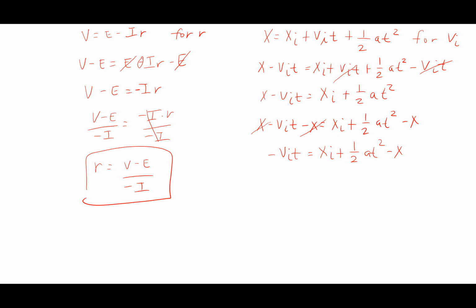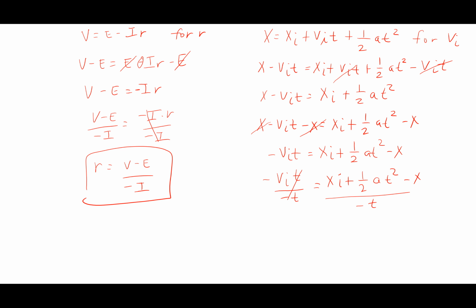Now we're going to divide both sides by negative t. So that's going to be negative t times VIT divided by minus t equals XI plus 1/2 AT squared minus x, and all that's going to be divided by minus t.